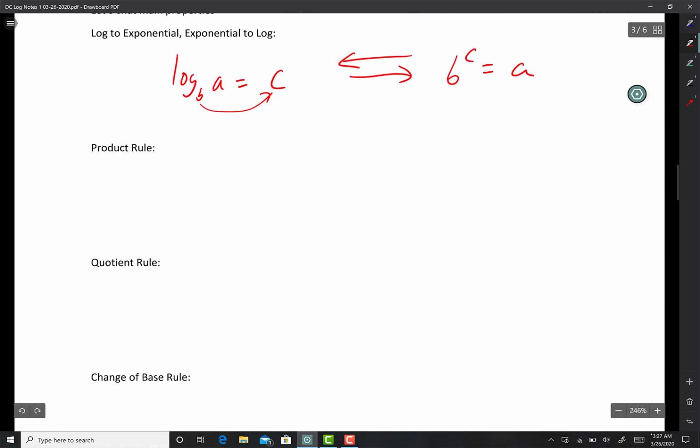Product rule. All right, so if I have something like log base b of x plus log base b of y, remember they're just like exponents, guys. So when you have something like x to the power m times x to the power n, you're just going to add them up. So it's the same thing with this. So look, there's a plus, so that means I can just write this as log base b of xy.